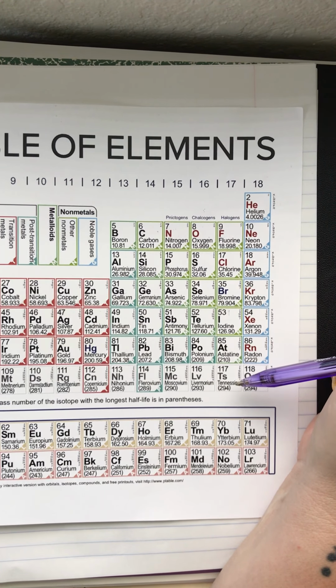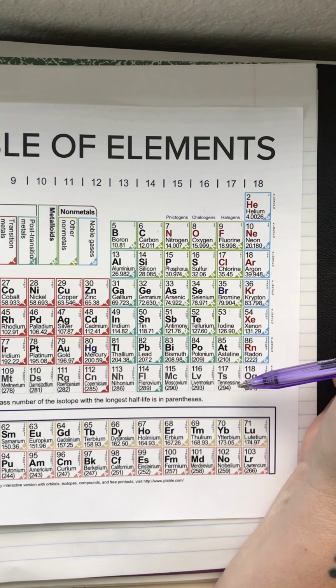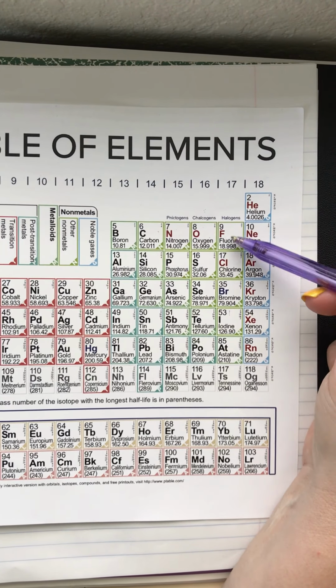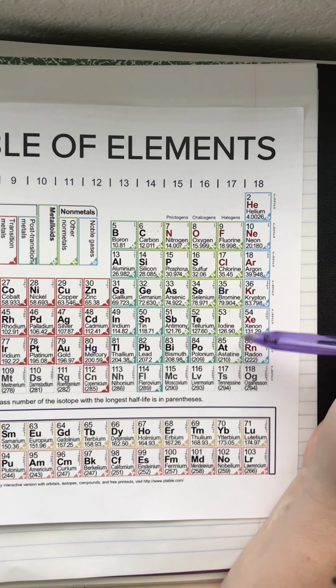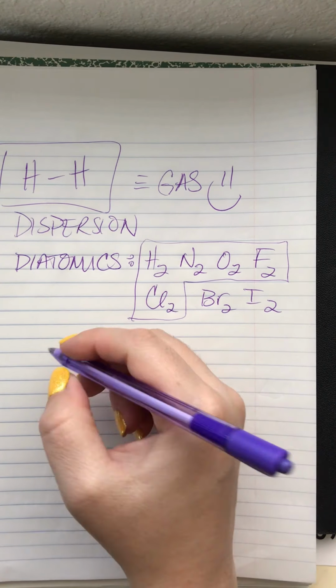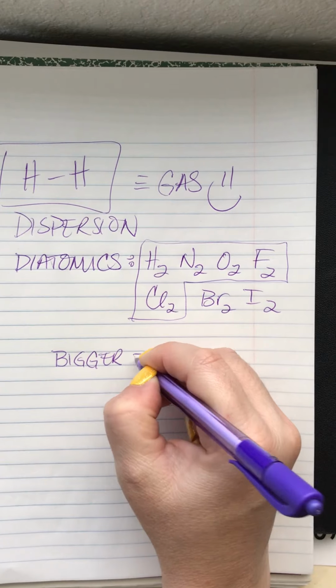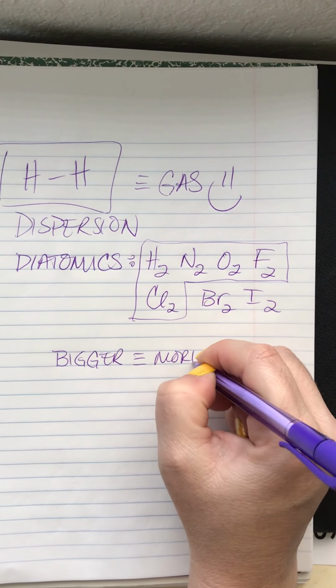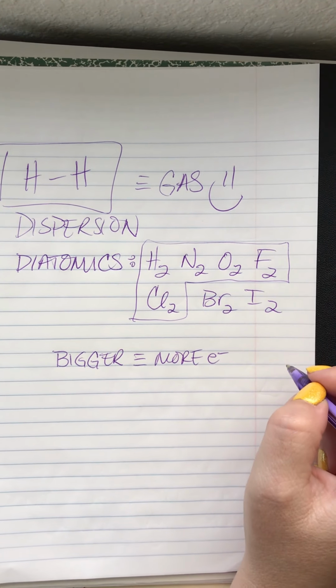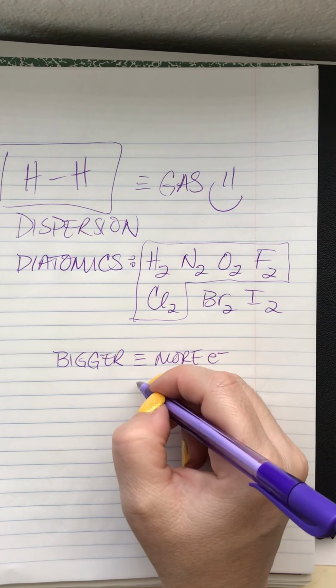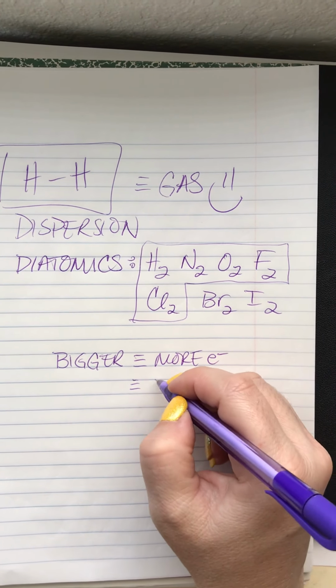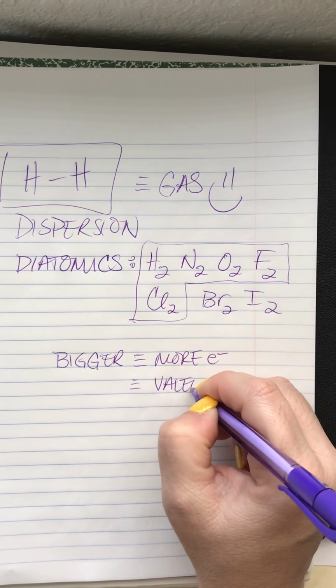Do they get bigger or smaller? They get bigger. So as you go down the periodic table, they get bigger, and as they get bigger, they have more electrons.